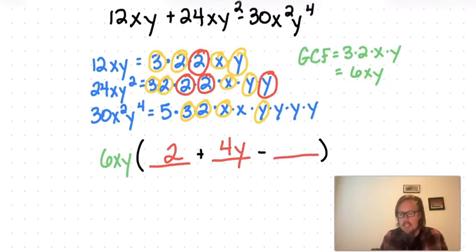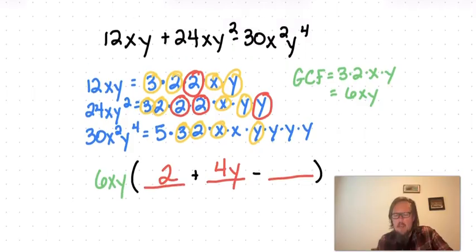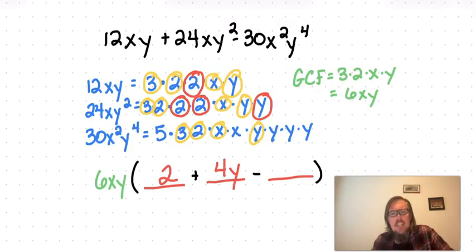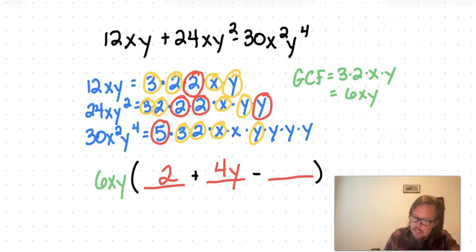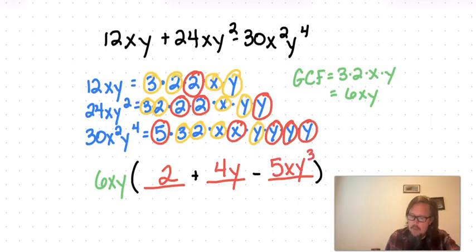And then same thing for this last term. 6xy times what is 30x squared y to the fourth. We could do 30x squared y to the fourth divided by 6xy, or we could look at our factor list. 5x, 1, 2, 3 y's. So 5x y to the third power.